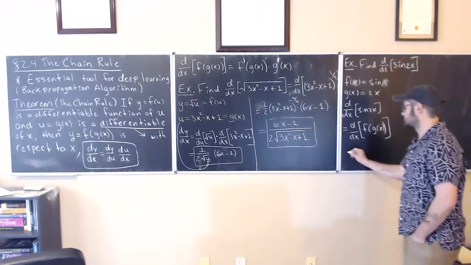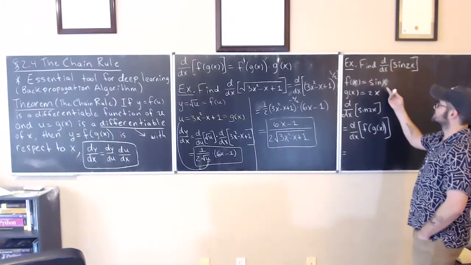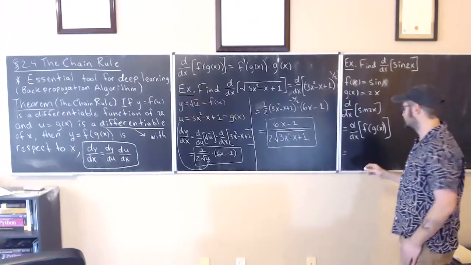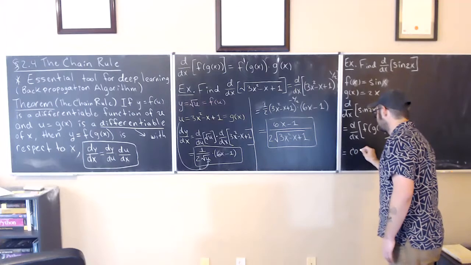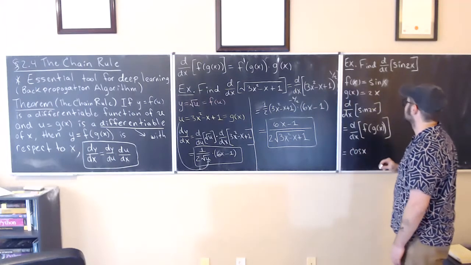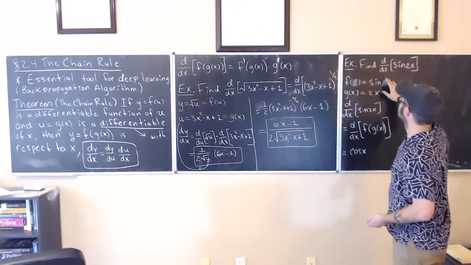So then, as before, it's the derivative of the outside function, which is f. So what's the derivative of sine? It's cosine. Okay. Actually, I need to be careful here. I should have kept this u.